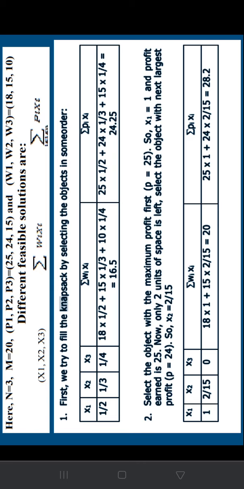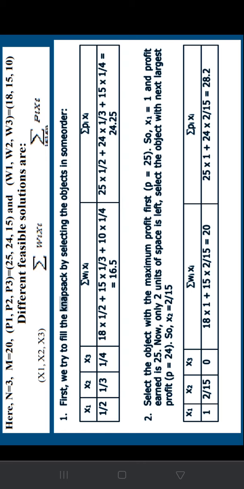Okay. So now the first thing is that we try to fill the bag by adding the objects in some manner, in some sorted order. Now we take as a sample 1 by 2 of the first object, 1 by 3 of the second object, and 1 by 4 of the third object.